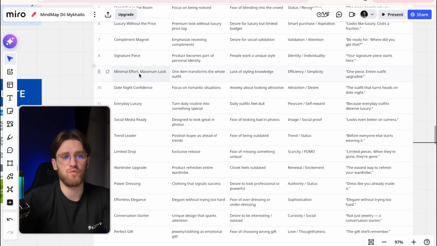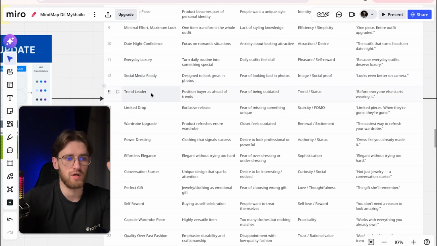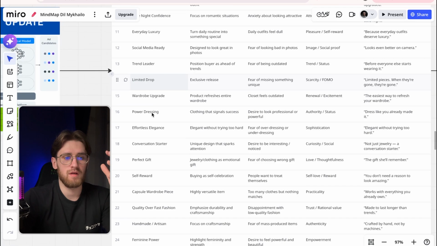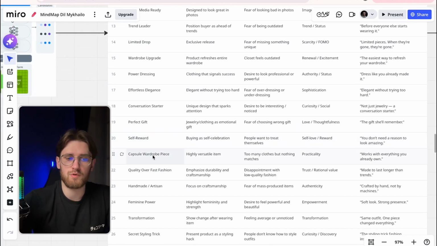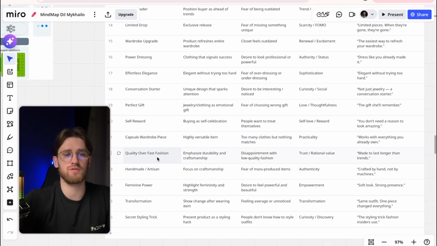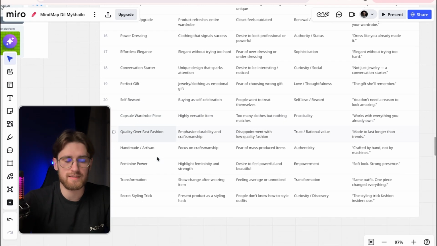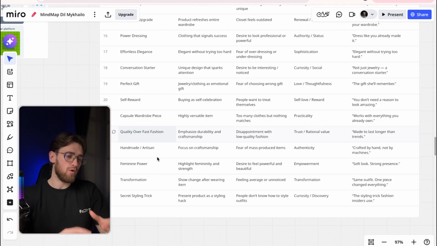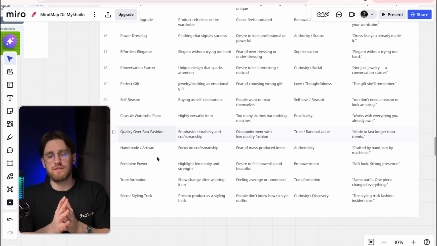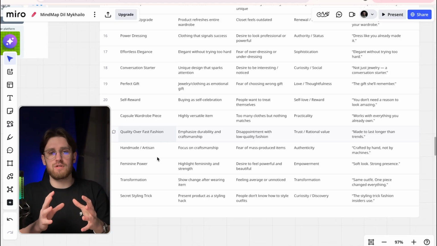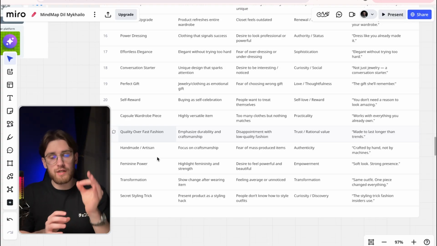And minimal effort, for example, everyday luxury, social media ready, trend leader, limited drop, a perfect gift, a self-reward, capsule wearable pieces, quality over fast fashion. So there are so many different ones. And of course, a lot of different fashion brands have a different concept and vision of the brand.